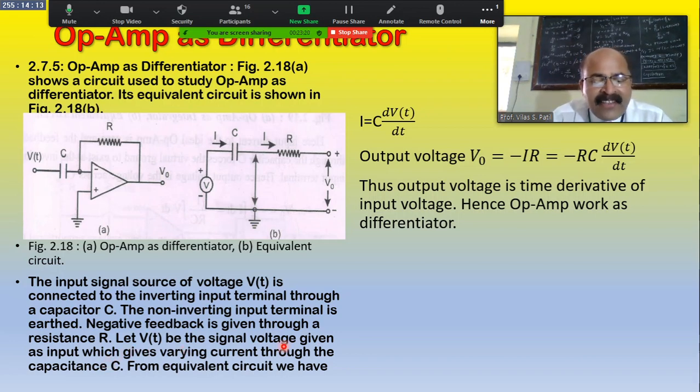Again, let Vt be the signal voltage, that is the pulse. Signal means the pulse that will be measured with respect to time. Then the varying current will pass through the capacitor. We know that if the pulse runs from 0 to t, consider 5 seconds, the time will vary from 0, 0.5, 1, 1.5, 2, 2.5, 3. In this way, the time is varying. But with variation of the time, the voltage amplitude is also varying.